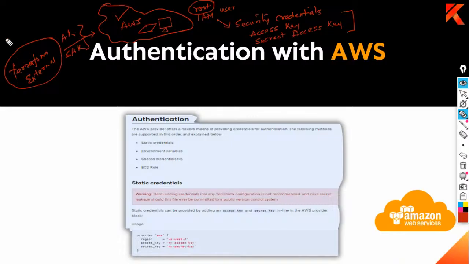You are outside. Somewhere you are in India, and this cloud is hosted, let's say, in US East. You are creating a server in US East, or maybe Singapore, anywhere, but not in India.